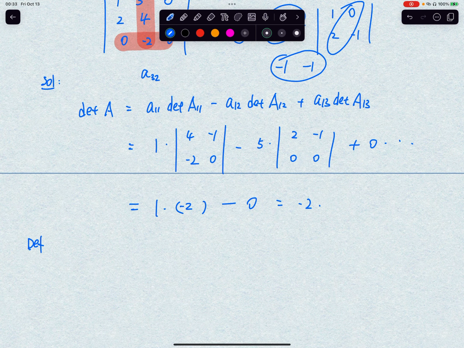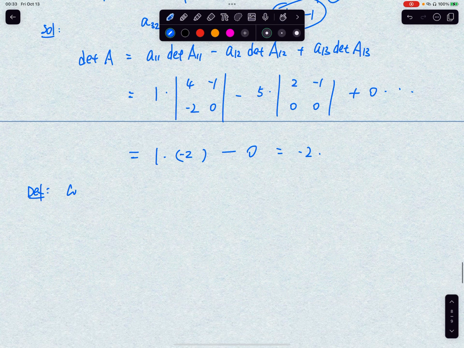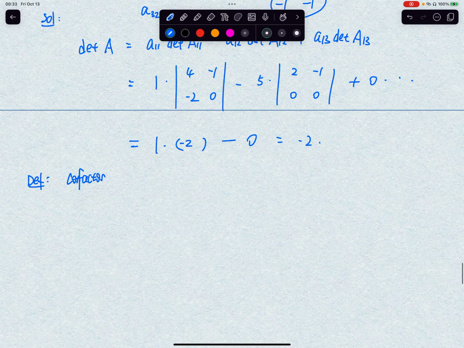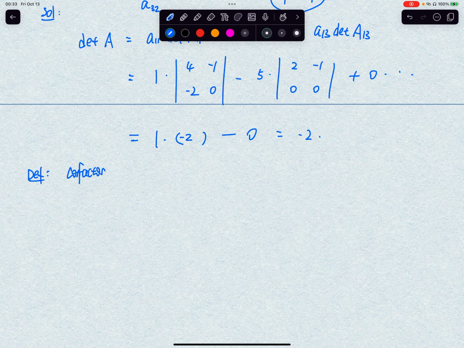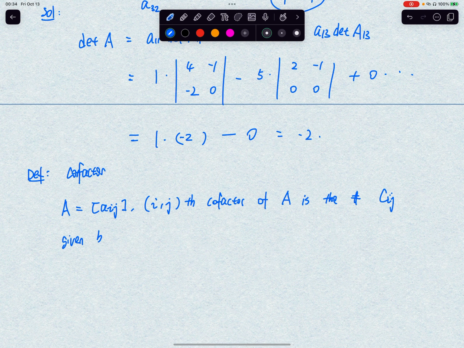We shall introduce another very useful concept called the cofactor, and this can be used as the cofactor expansion. So still given an n by n matrix A with entries aij, we say the ijth cofactor of A is the number Cij given by Cij equals (-1)^(i+j) times the determinant of Aij.